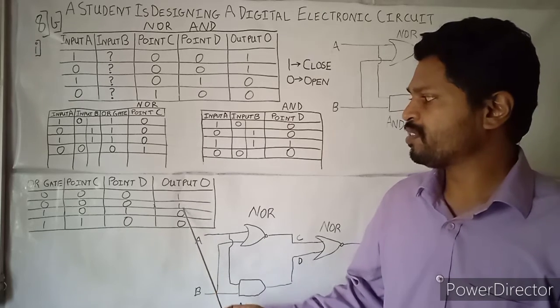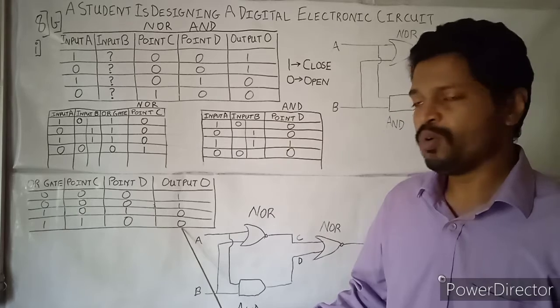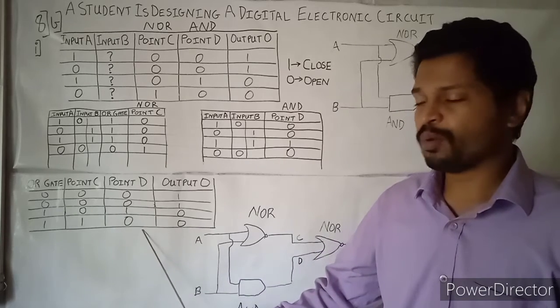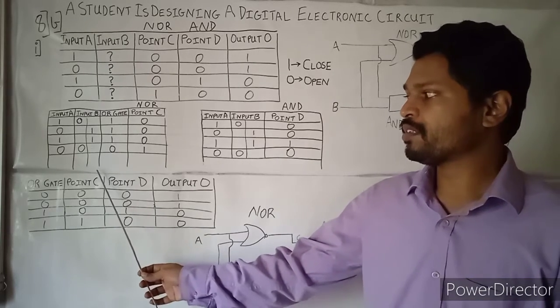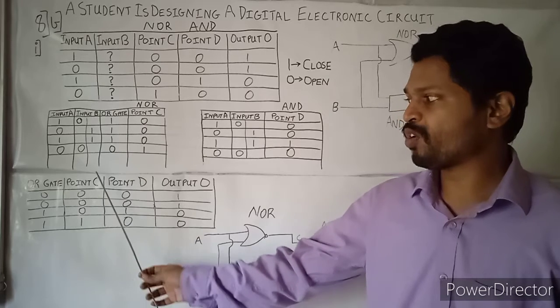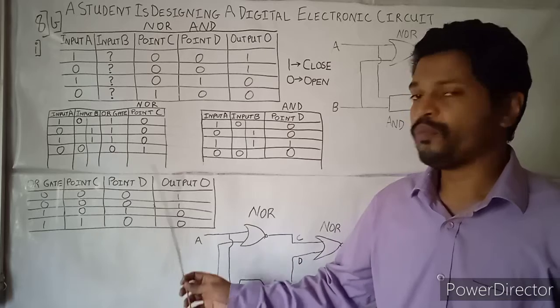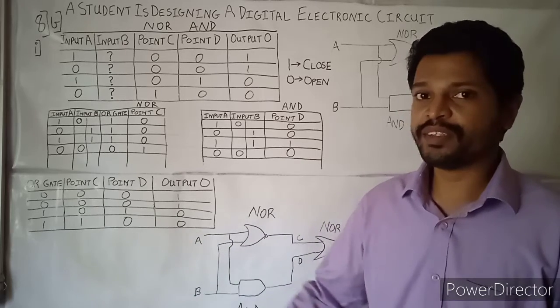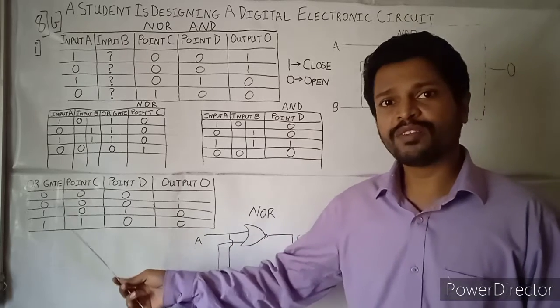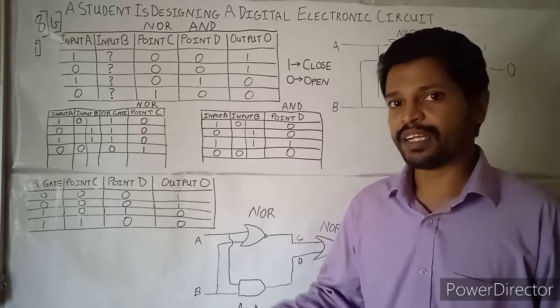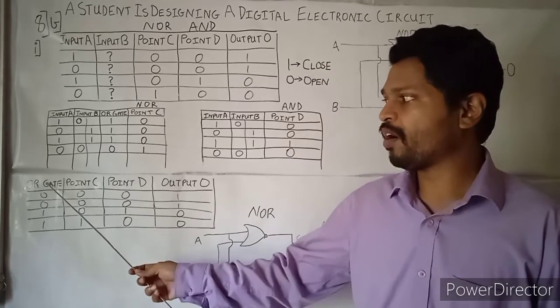We had copied this from the question itself, output O, and D also we had copied from the question itself. The C part also, what all outputs are there, we copied from the question itself. Why I have put an OR gate is that you can put an AND gate also and check. I have put an OR gate.